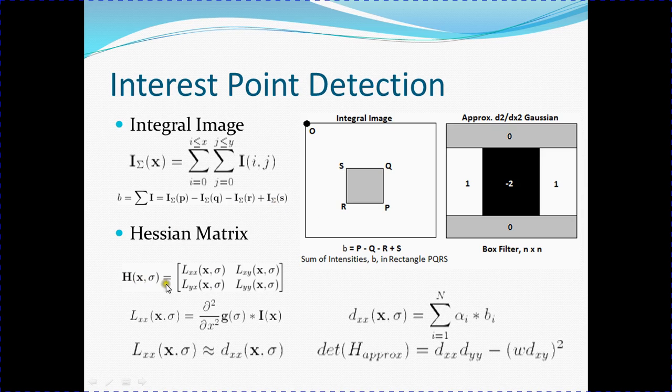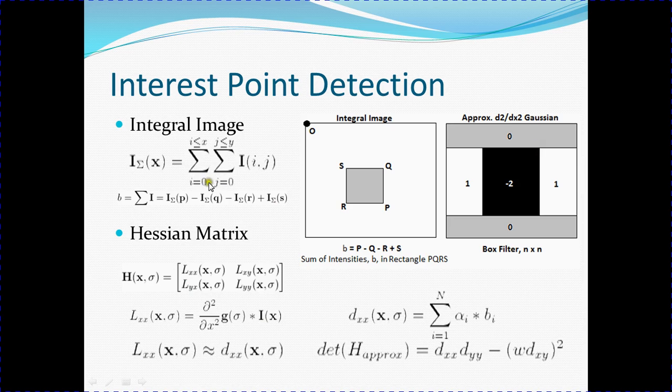So as I was saying, the Hessian is the convolution of an image region with the second derivative of a Gaussian filter, seen here. And so we can approximate the second derivative of the Gaussian with this box filter, a representation of which is given here.